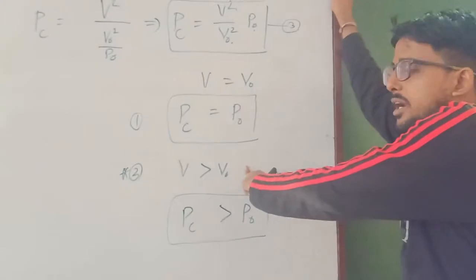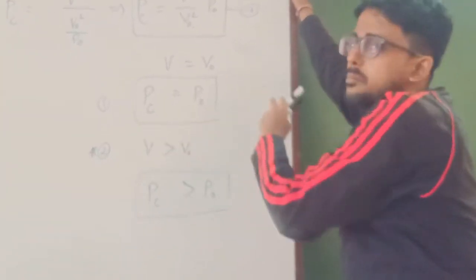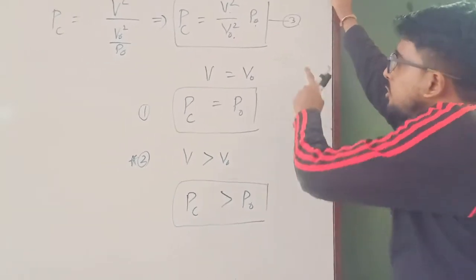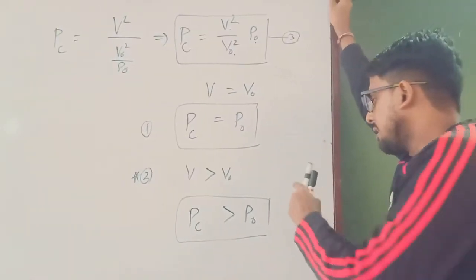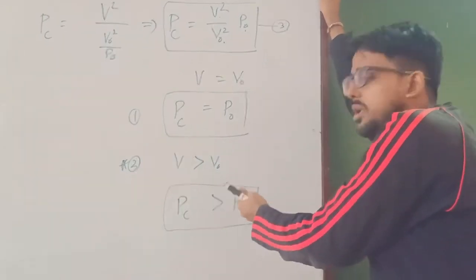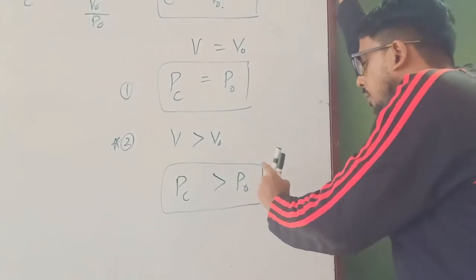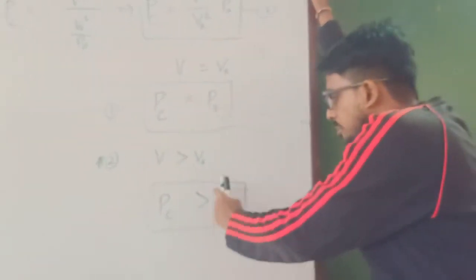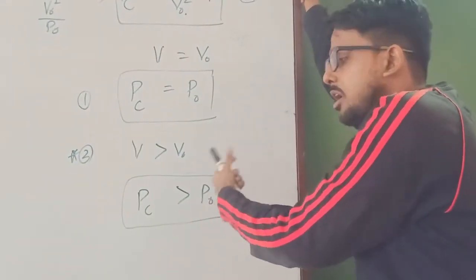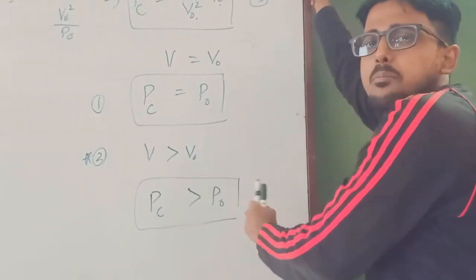So if the applied potential difference is greater than the voltage rating given by the manufacturer, then the power consumed by the bulb will be more than the power rating given by the manufacturer. So the bulb will get damaged soon. This is the maximum capacity for the bulb. If we provide more potential difference, it will consume more power which will damage the bulb.